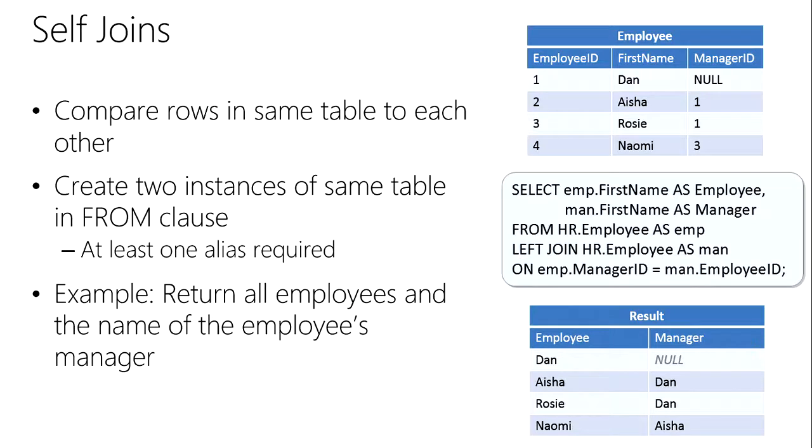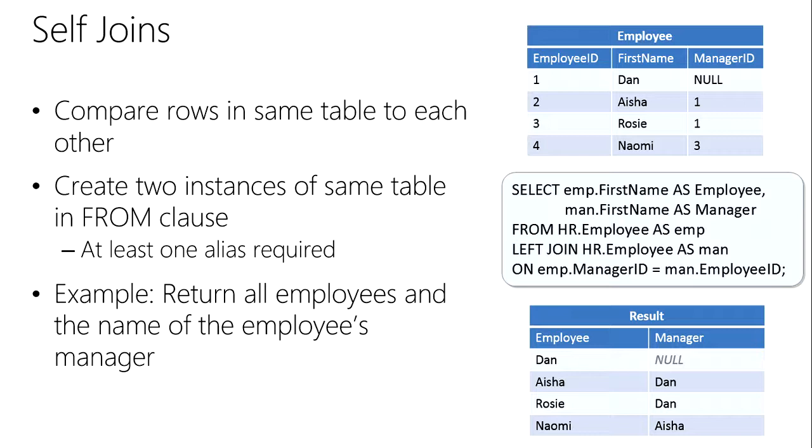And the example that almost everybody uses when they talk about this is this one here, probably because it's the most common way that you would do this. If you have a table of employees, and one of the fields for each employee is the ID of their manager, well, managers are also employees, so you're effectively creating a self-reference. And what we would do is use a self-join to join the employees to their managers.